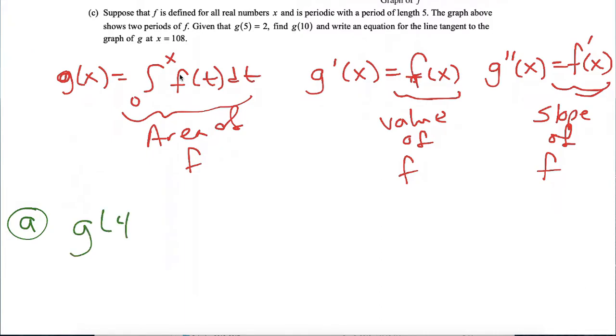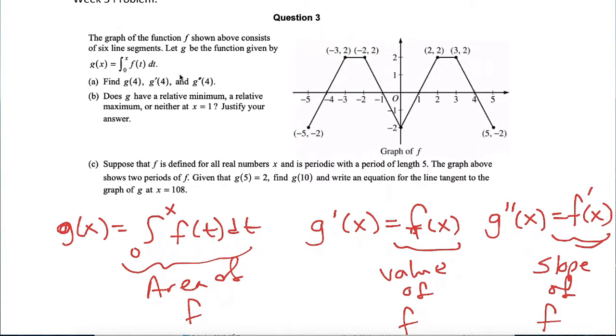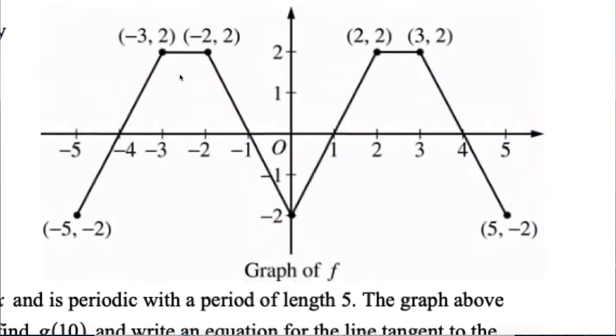When we look at g of 4, that would be the integral from 0 to 4 of f of t dt. So when we think about what that is, that's this area from 0, that space, plus this space right here. There's a lot of different ways you could do this, but it is that space. We could calculate the area of this part right here.